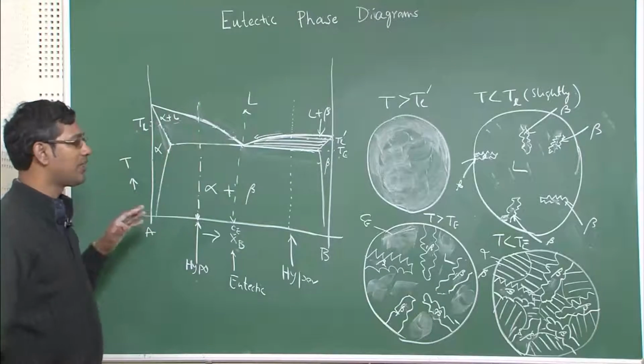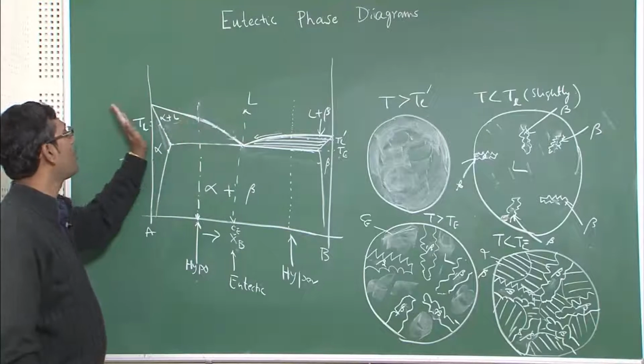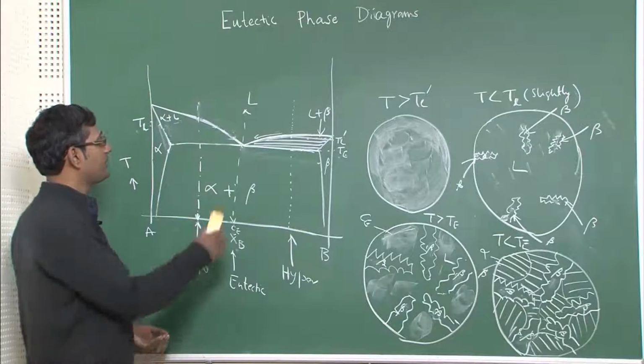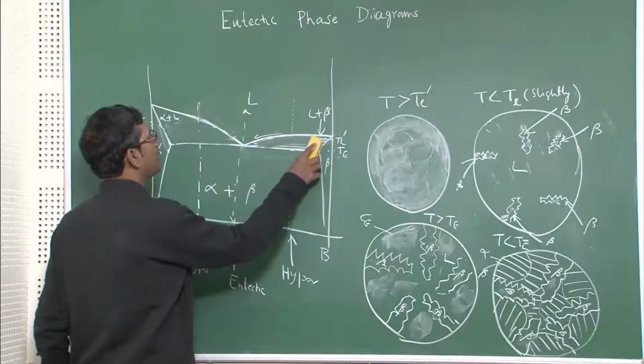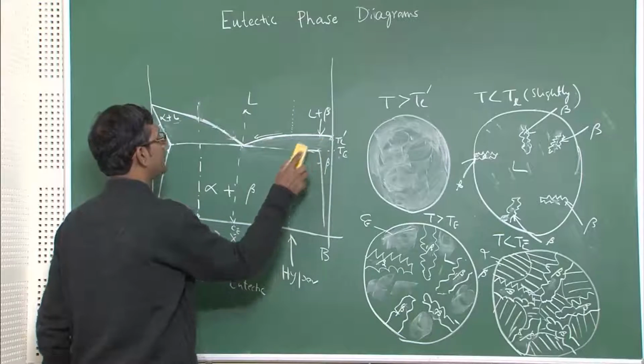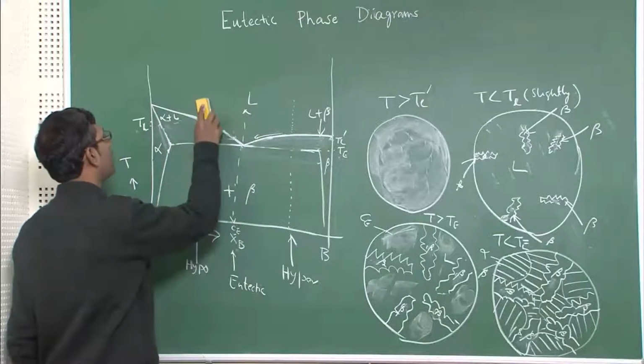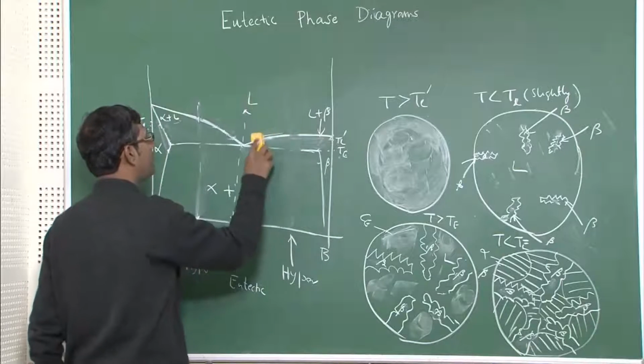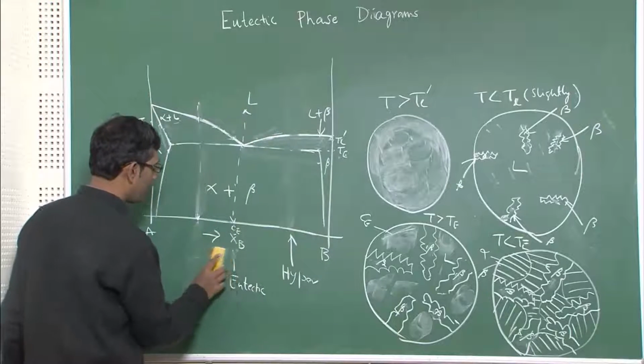So by this picture, in this way, I can explain all my alloys which will solidify. Only one thing I have not discussed, which I will do right now, which is a little bit different from these two. So I remove all these things now.